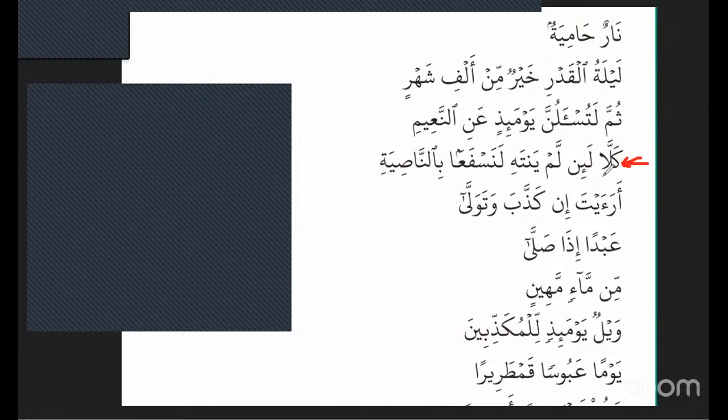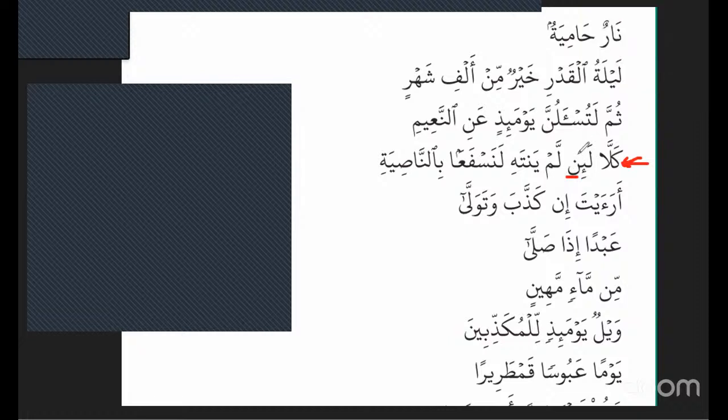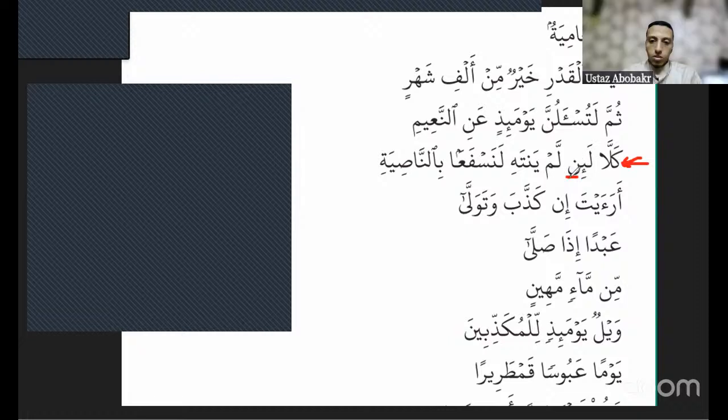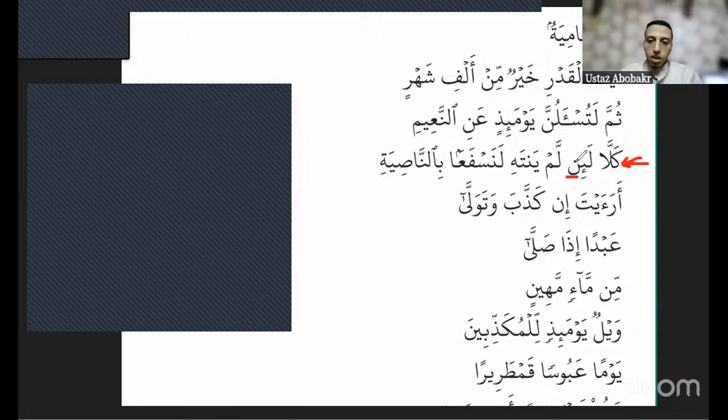Oh, actually, I missed the starting of the class. One second, we can look here. Is this a noon sakina? Yeah. So we said the noon that has nothing on it would be a noon sakina, right? Okay. So what is the letter next to it?